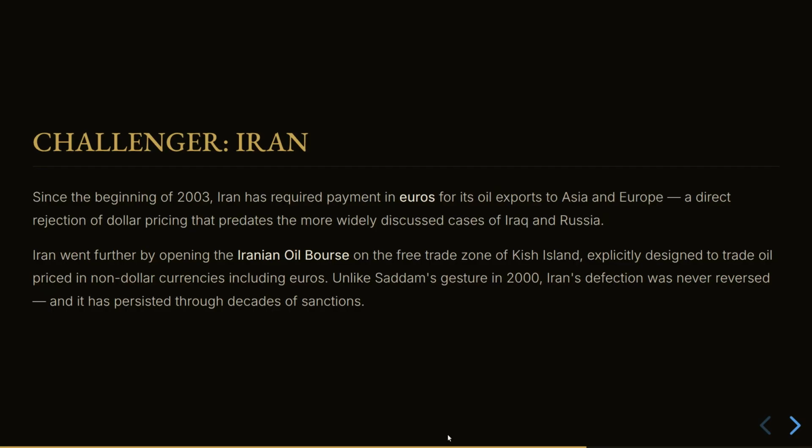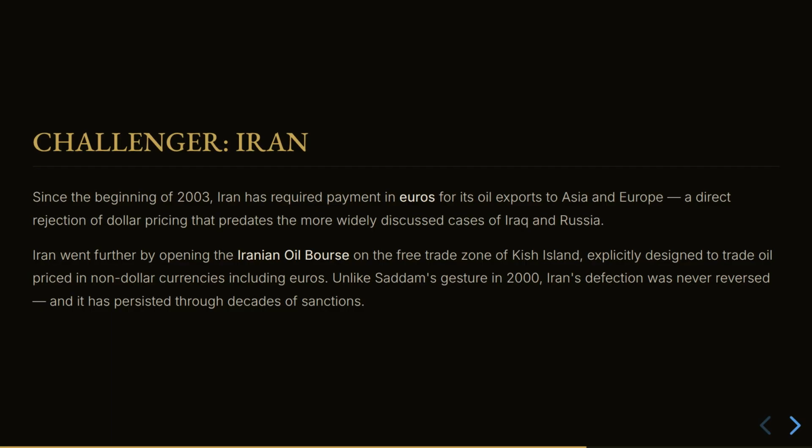Another challenger, Iran. Since the beginning of 2003, Iran required payment in euros for its oil exports to Asia and Europe, a direct rejection of dollar pricing that predates the more widely discussed cases of Iraq and Russia.